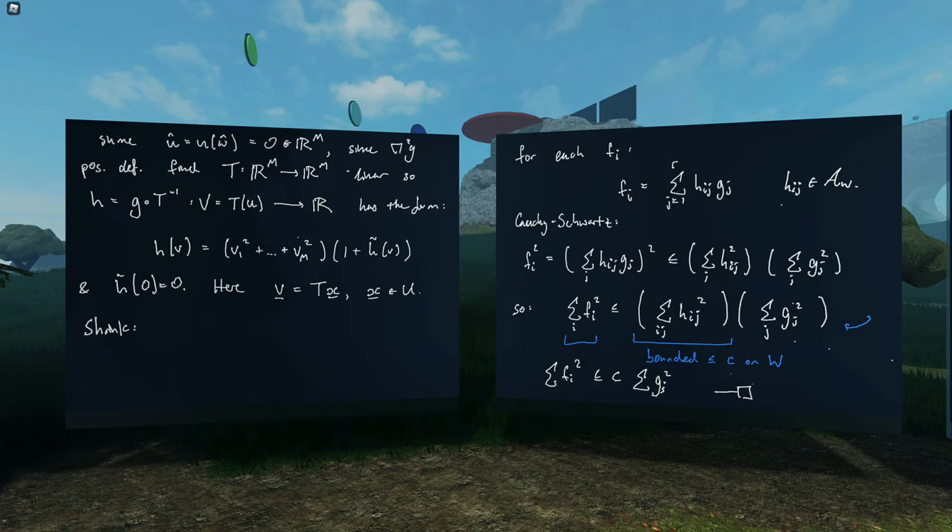Right, okay, so now we're going to shrink to some set V prime, subset of V, so that H tilde of V prime is bounded, so might as well say minus a half and a half. This is just by continuity.